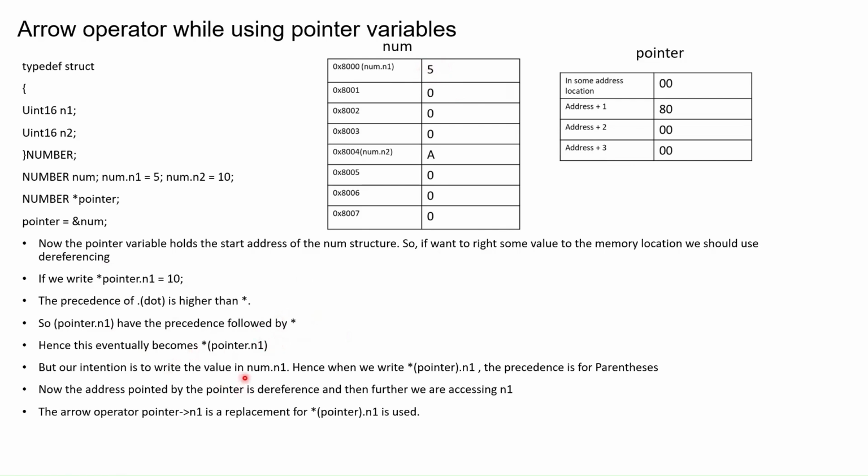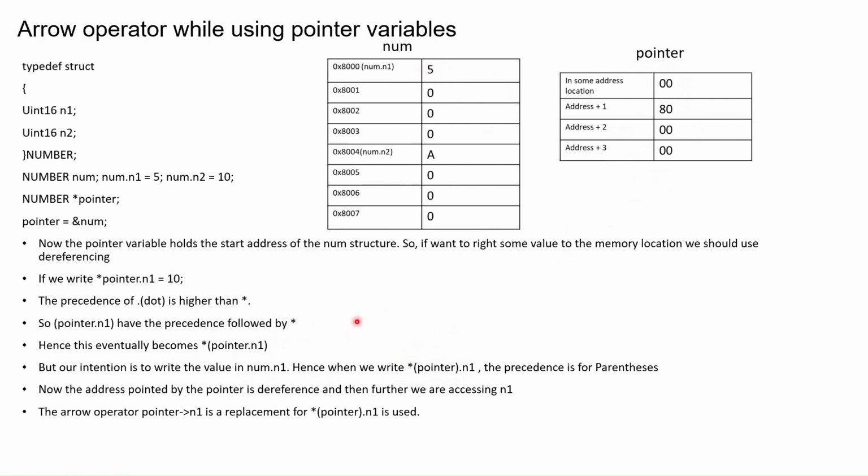Our intention is to write the value in num.n1. Hence, we should first dereference the pointer. The address stored in the pointer is dereferenced by putting parentheses first, so the precedence goes to the parentheses.